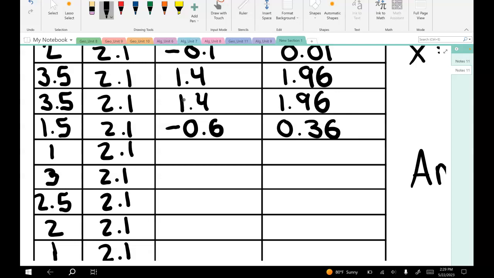You get out negative 1.1. And then whatever number you get out, you multiply it by itself, or you square it. So negative 1.1 times negative 1.1 will go in your next column over. So that would be 1.21.